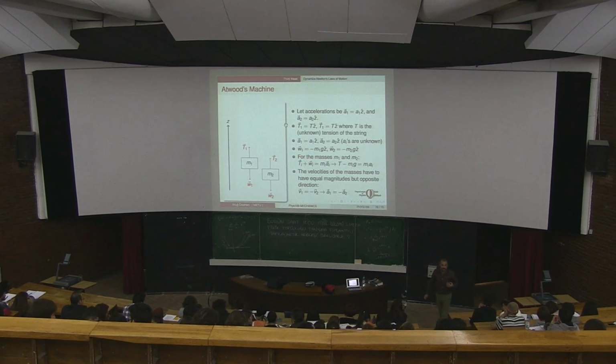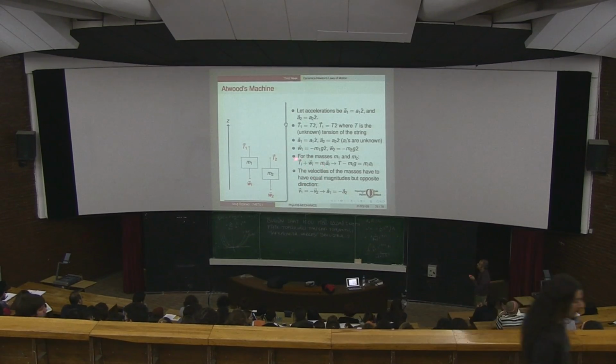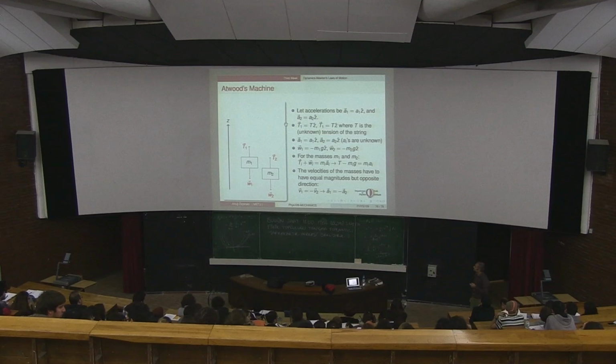Well, from this point on, I will use Newton's second law, F equals m a. So this is the net force acting on my mass m1. It should be equal to m a. Rather than writing a different equation for mass 1 and mass 2 separately, I will use such a shorthand notation.